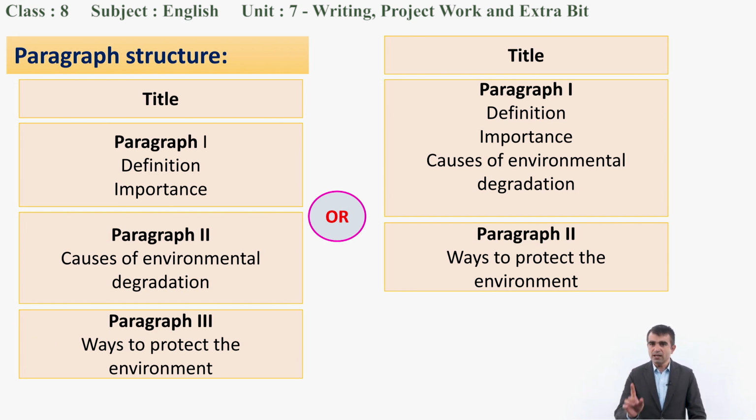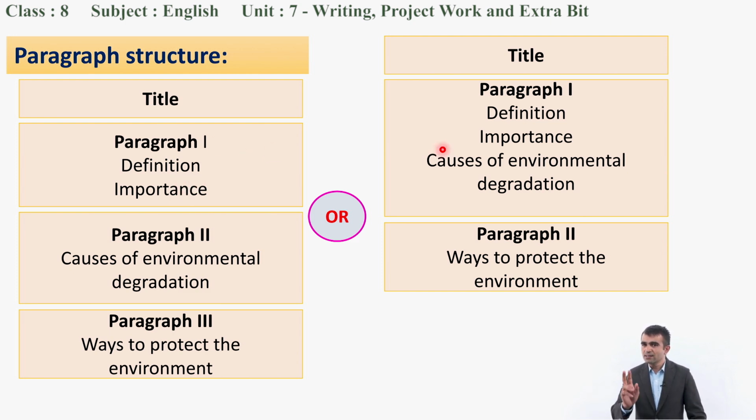Well, if you write more than 2 paragraphs, you can follow this structure: definition and importance, first paragraph; causes of environmental degradation, second paragraph; and ways to protect the environment, third paragraph. And don't include other ideas in those paragraphs, only focus on these things.